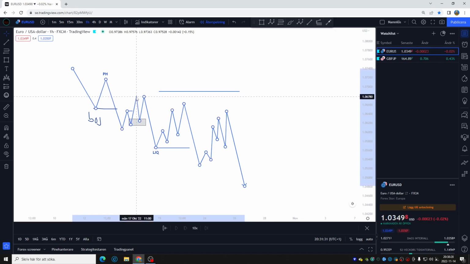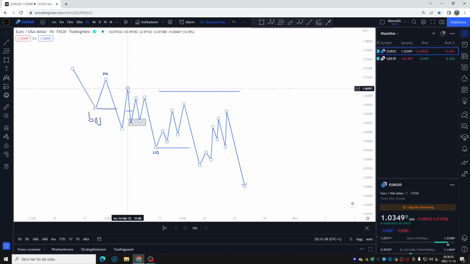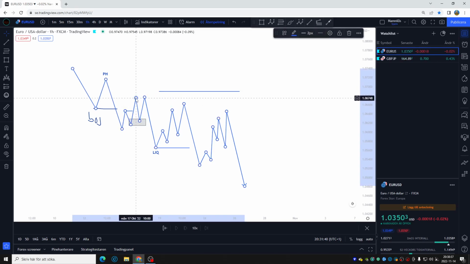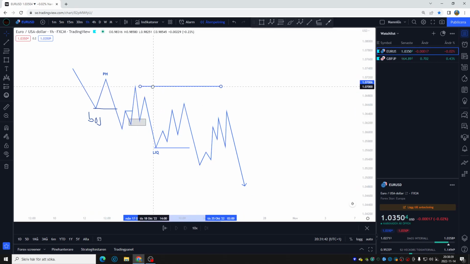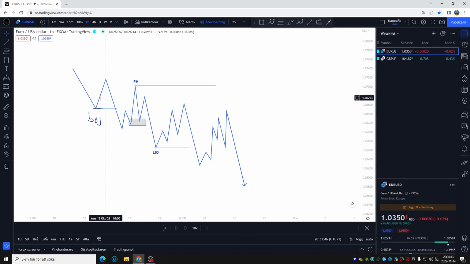So if it would be like this, this would be our protected high. But in this case, here we have the protected high because this is the highest point between those lines that I have drawn out before.